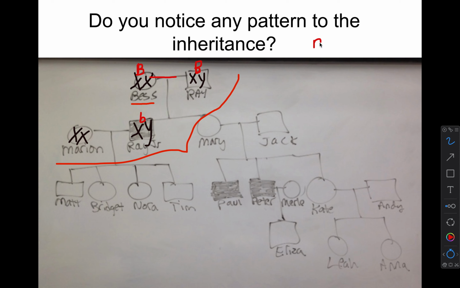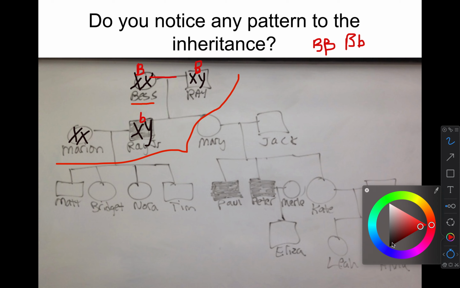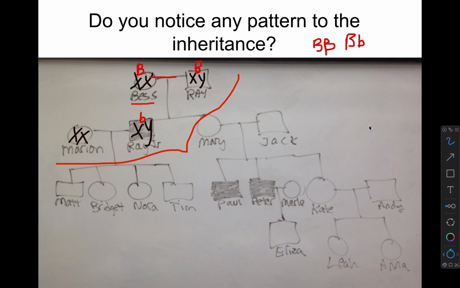She could be two capital B's, or B lowercase b and be a carrier. We don't know. So let's do our quick Punnett table. Some of you might be able to just quickly figure this out, but we're going to do a Punnett table just to be safe.